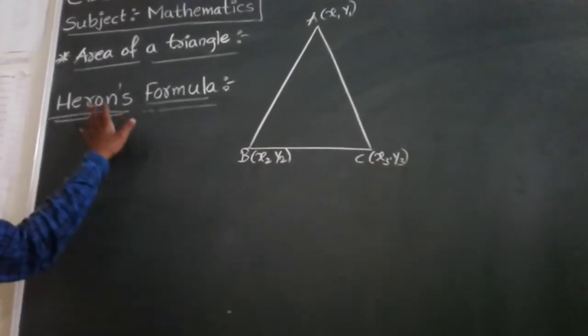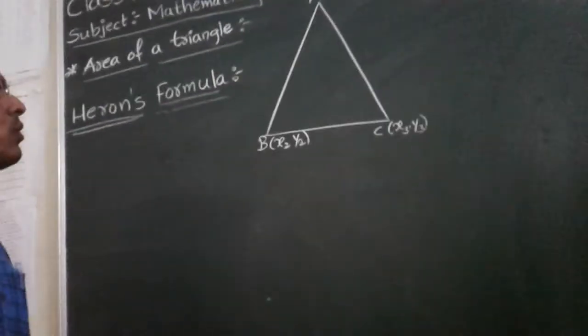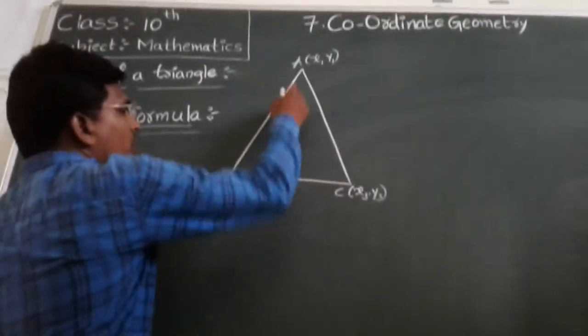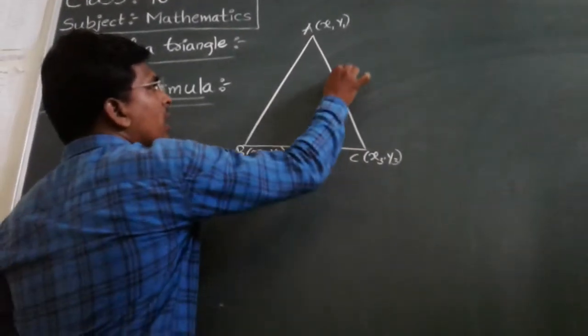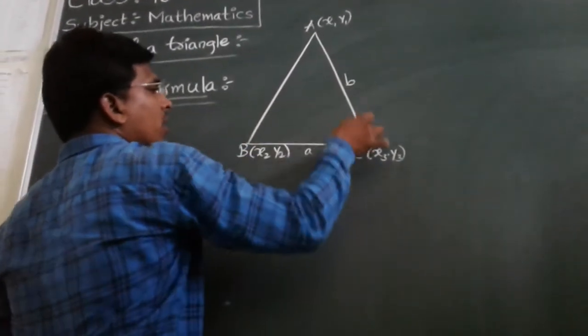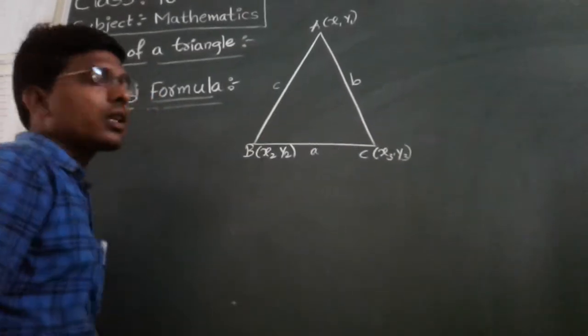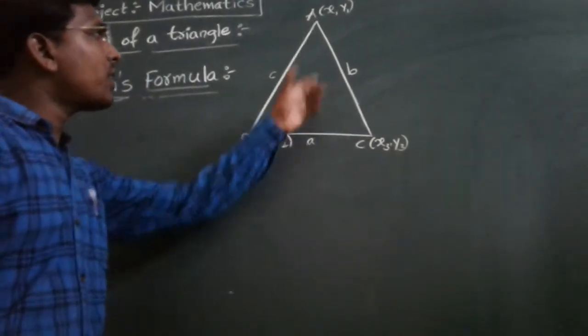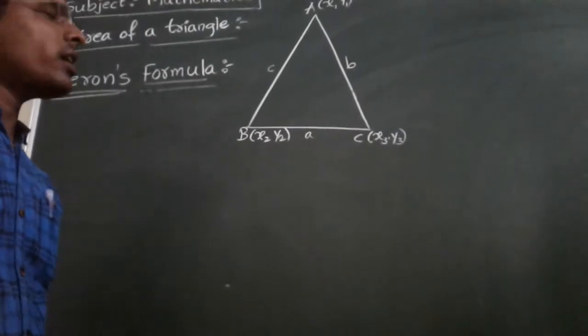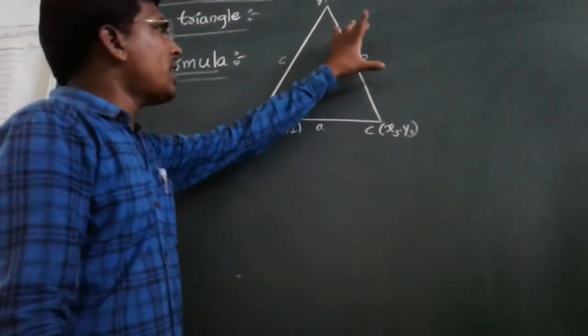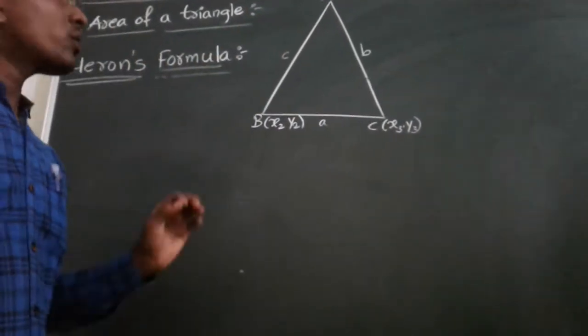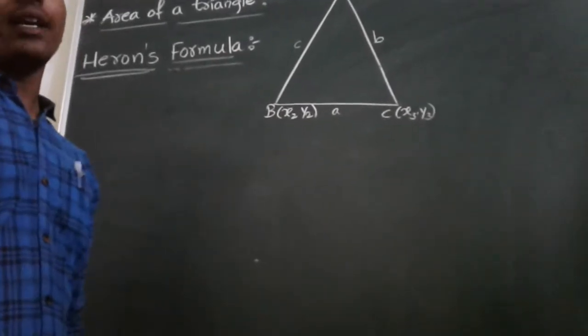Okay. So Heron's formula is related to when the sides are given. Suppose this is A, small a, and B opposite small b, and C opposite small c. So when the sides of the triangle are given, at that time, how to find the area of the triangle?